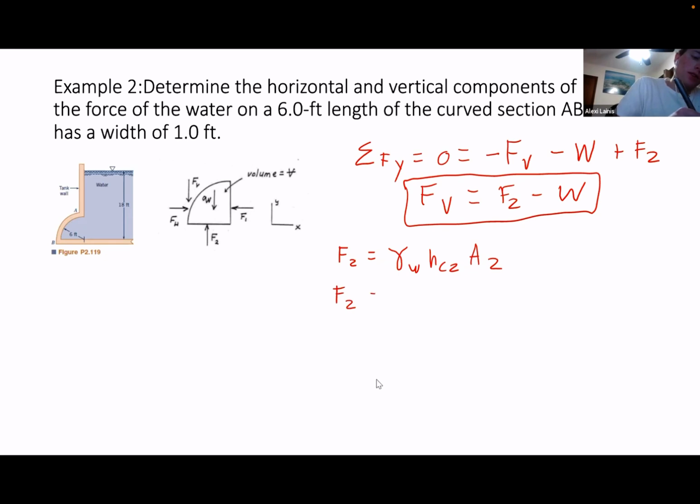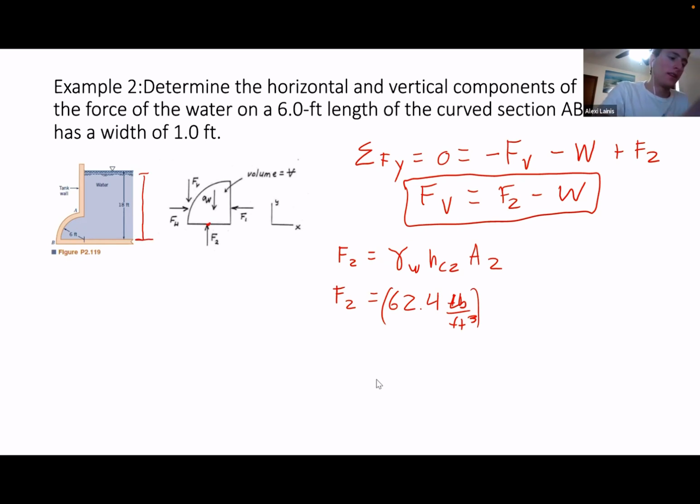We have force 2, our gamma water again is obviously 62.4 pounds per feet cubed. And our HC2 is just going to be the depth down here. This is where it's acting right here, that pressure point. So that's all the way 18 feet down.